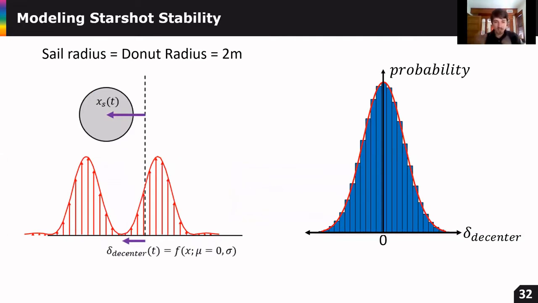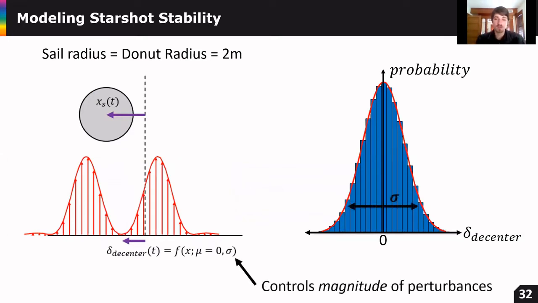The decenter of the sail could be determined by, again, a normal distribution, and I could control what the distribution of these decenter values were. These were then applied at a frequency called the Tyler frequency, an atmospheric parameter which describes how often the atmosphere's tip and tilt errors change.